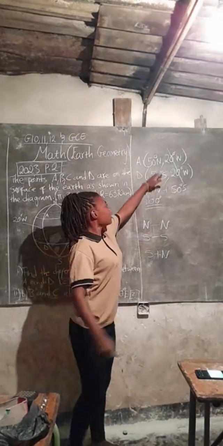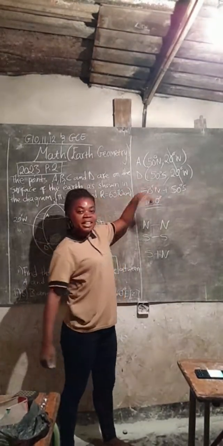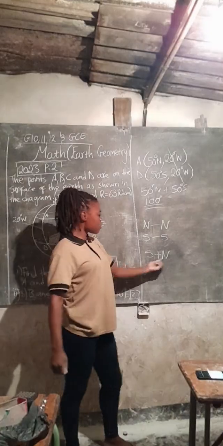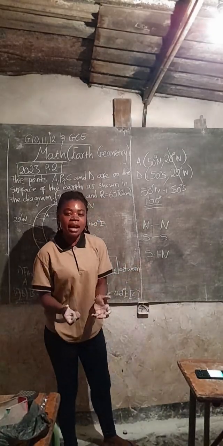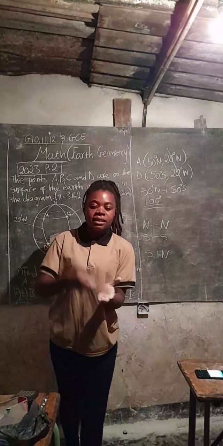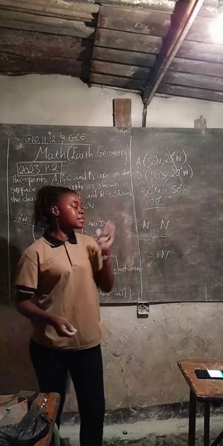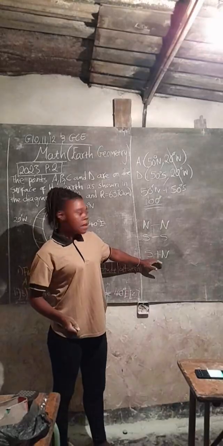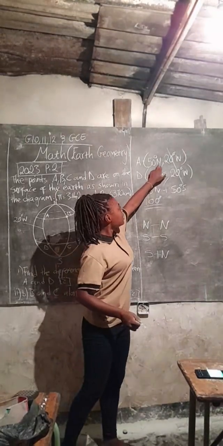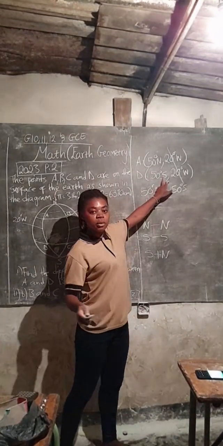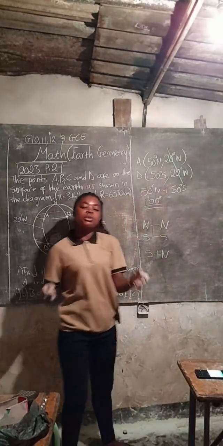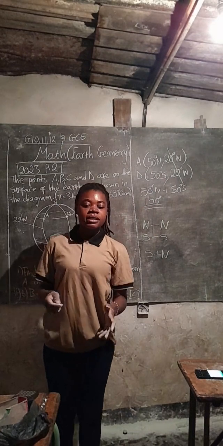And so north and south, these are different hemispheres, so they'll add each other. Why? Because I've said different hemispheres are always going to add themselves. But if we had north and north here, they were going to what? Subtract each other. If we had south and south here, they were going to what? Subtract each other.